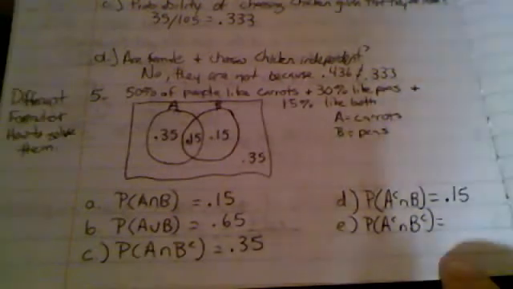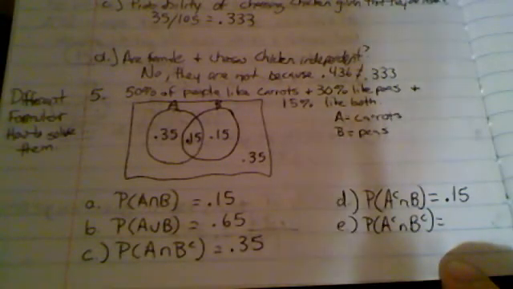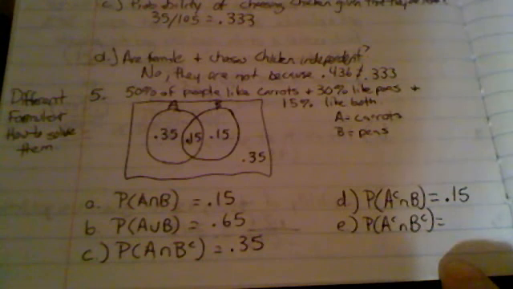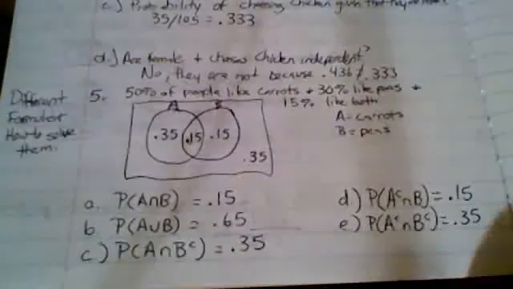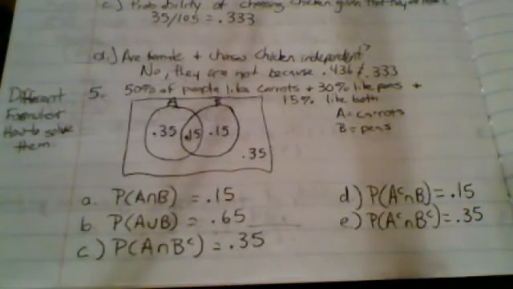That's 0.15. And E, the very last one, is the probability of not getting A and not getting B. So it's not in either circle. It's this number out here, which is also 0.35. And those are the questions that they can ask you with the formulas and with a Venn diagram.